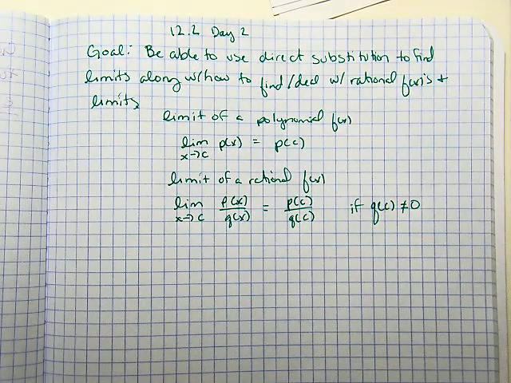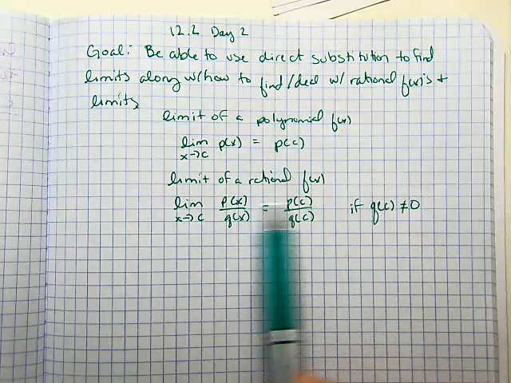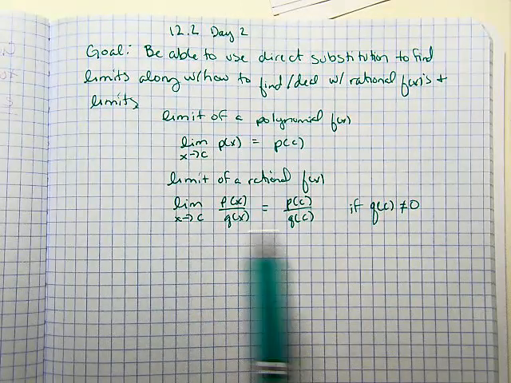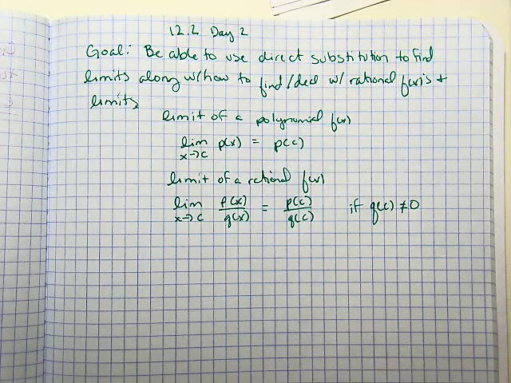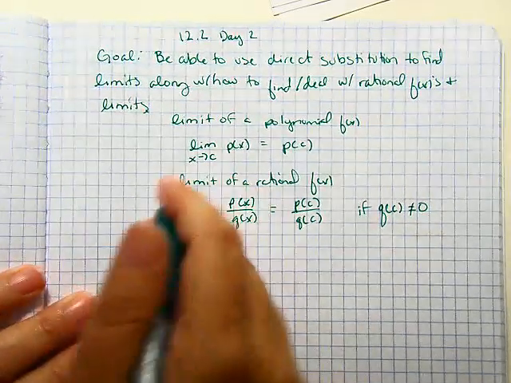So as long as q of c doesn't equal 0, the limit can be this. If q of c does equal 0, that's going to come up in a minute. We'll look at what we can do. So we'll just do one example of direct substitution and one your turn, and then we'll go to these other.